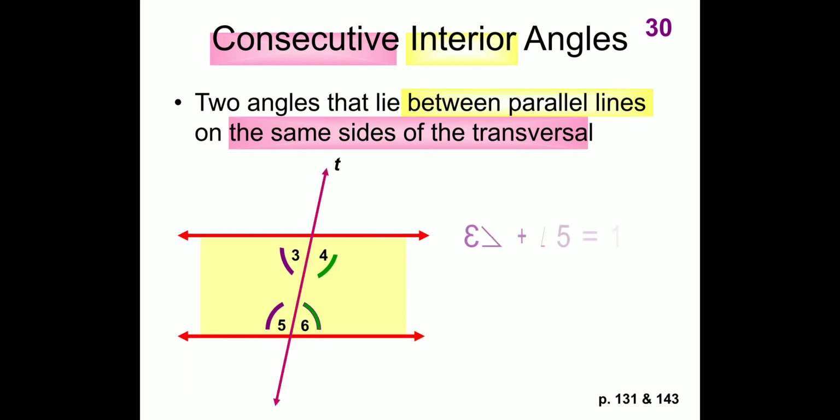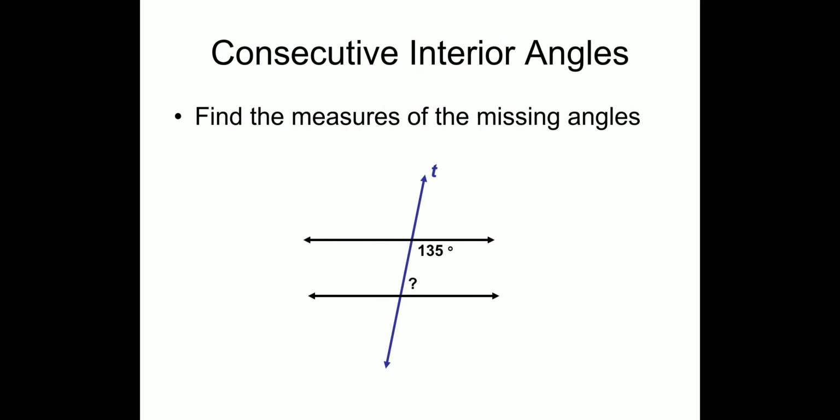So here we can say that angle 3 plus angle 5 is equal to 180, and angle 4 plus angle 6 is equal to 180 degrees. Here is one problem, and it is very easy. Now you can do it, and please tell me your answer in the comment box.